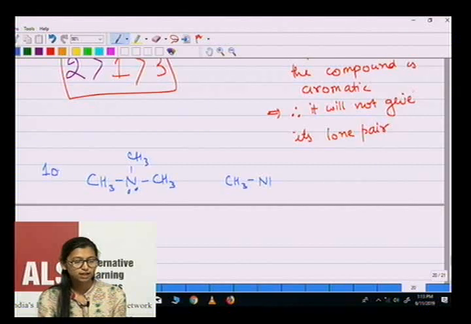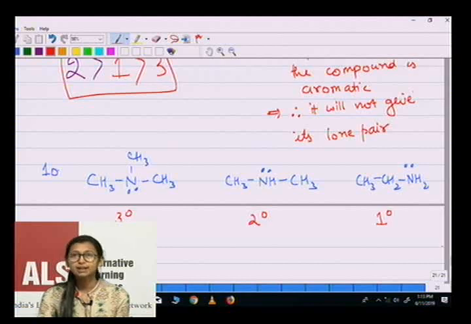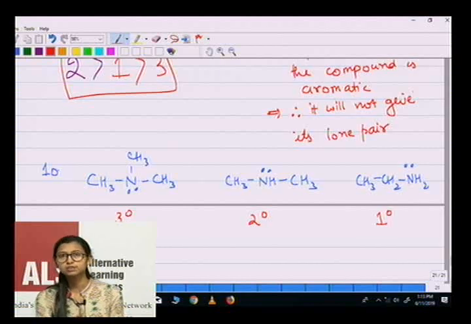When a nitrogen has NH, it's more like this one. When it has CH3, CH2, NH2 kind of thing. So you know this thing very well. This is a 3-degree amine, this is a 2-degree amine, this is a 1-degree amine. And if I want, because there is no space, I can write even ammonia after that.